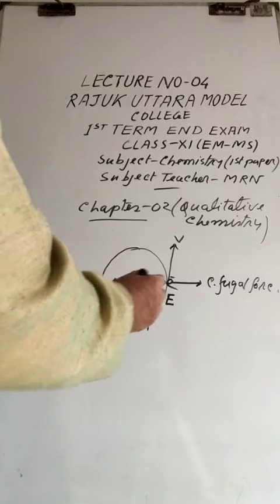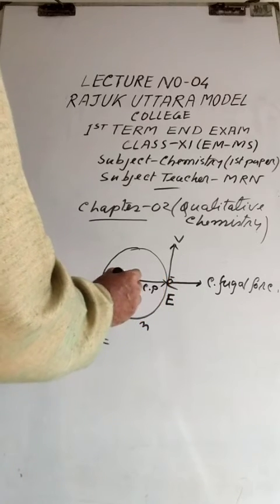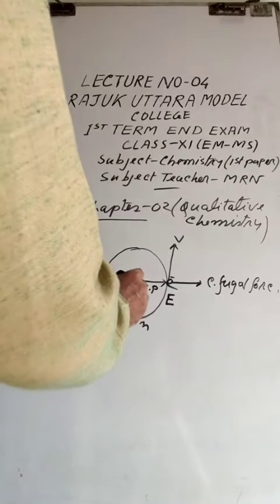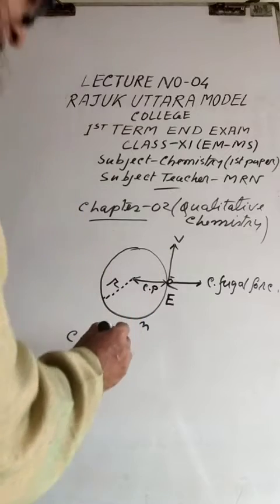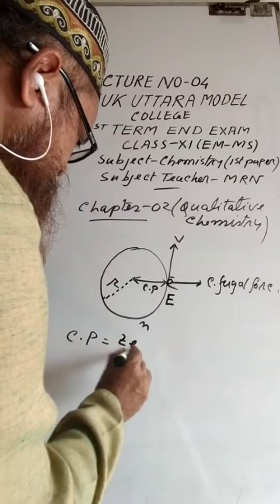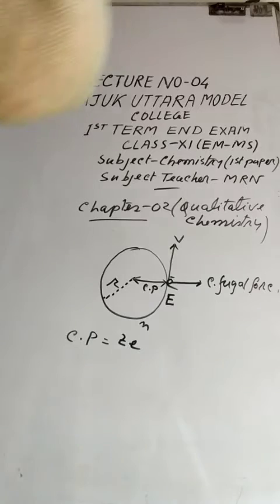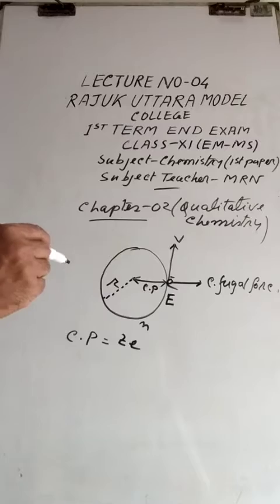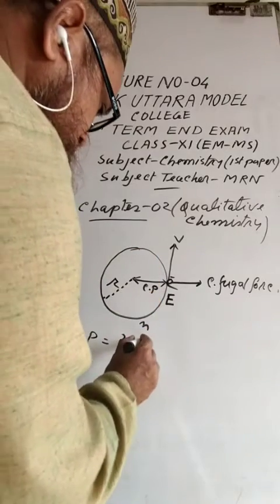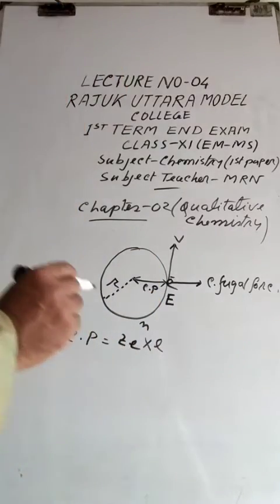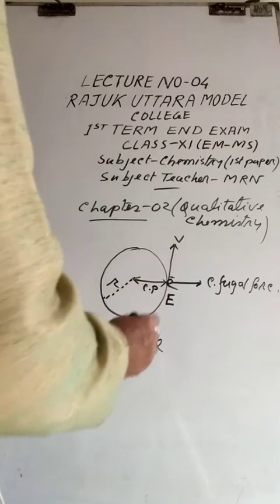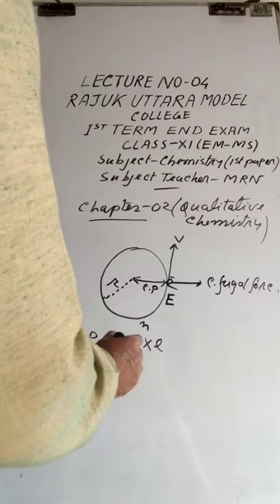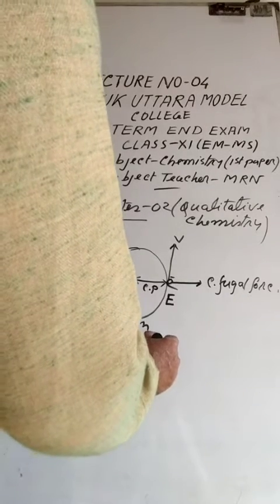We know that the charge of one electron we have taken E. In the nucleus, let Z number of proton be present. So total charge of proton in the center is ZE, and the charge of one electron is E. Since proton number and electron number are the same, the total charge of proton will be ZE, where Z is the number of protons and E is the charge of one electron.